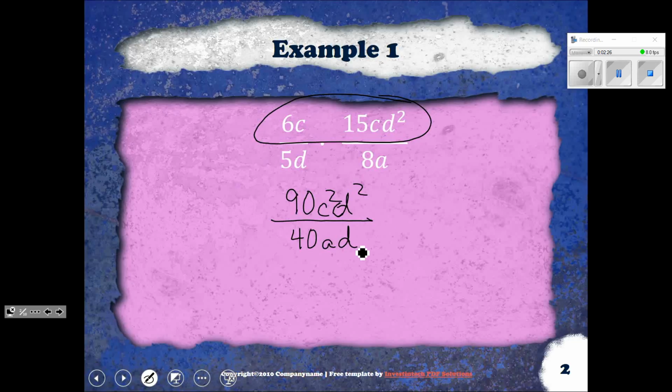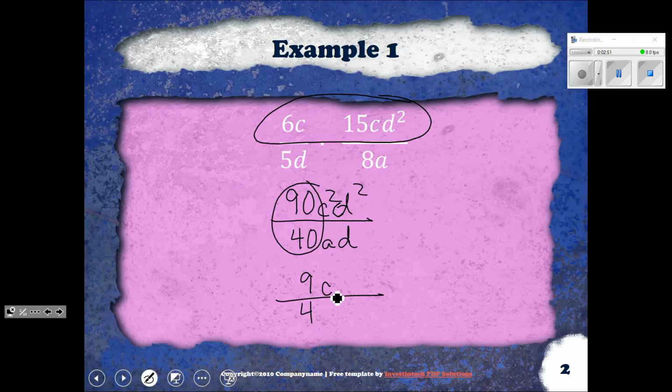Okay, now we're going to simplify. So if I simplify this, what does 90 over 40 become? 9 over 4. And if you struggle with that, you can always do 90 divided by 40. Math, enter. Calculator will help you out. Okay. How about my C squared and my A? They stay the same.